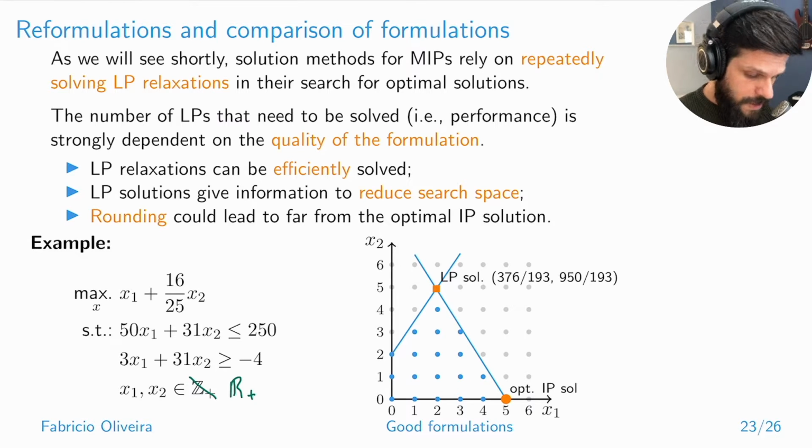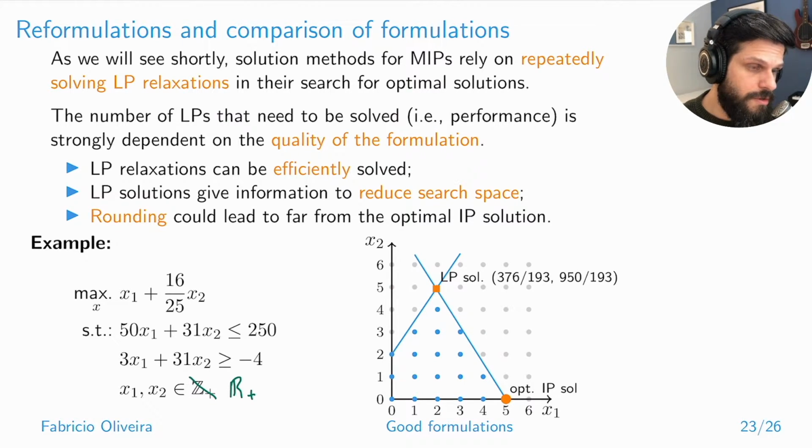If we solve the linear relaxation for this problem, we find this optimal solution, which is fractional. You can see that it's very close to 2 and very close to 5.